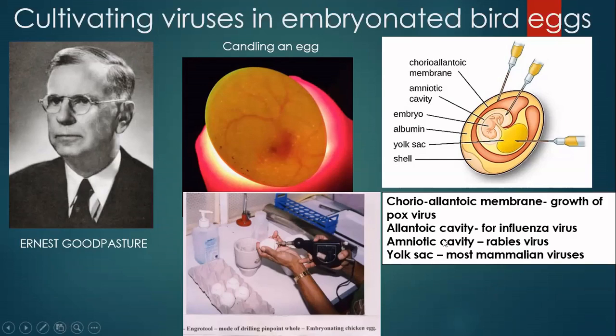The amniotic sac is inoculated, especially in the case of duck's eggs, for cultivation of the rabies vaccine, and also for isolation of mumps and influenza virus. And inoculation of the yolk sac is the simplest method for growth and multiplication of most mammalian viruses.